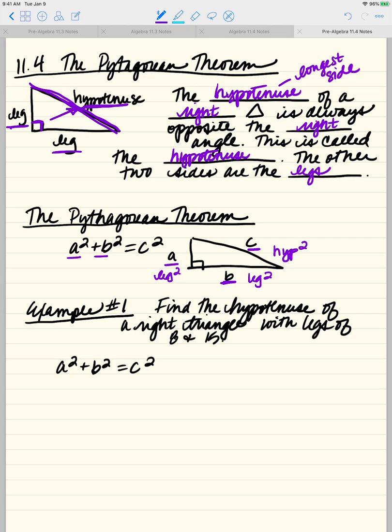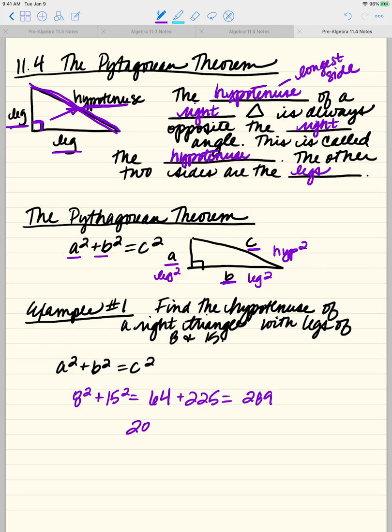So example number 1 says find the hypotenuse of a right triangle with legs of 8 and 15. So that means you go 8 squared plus 15 squared. So that's 64 plus 225, which is 289.